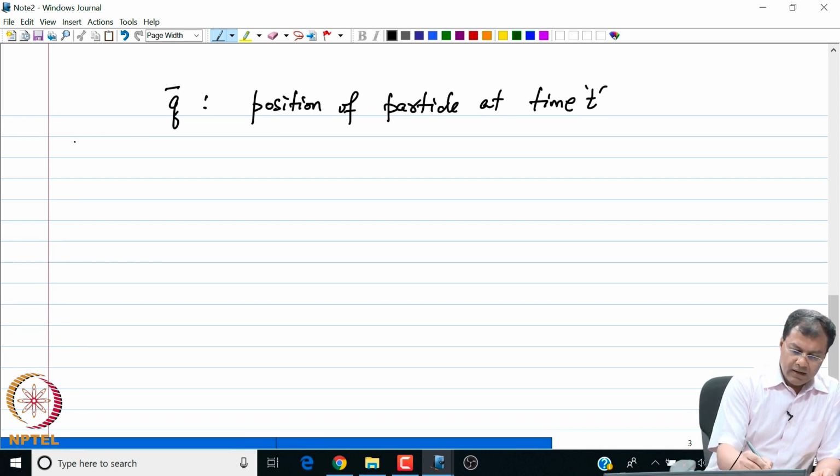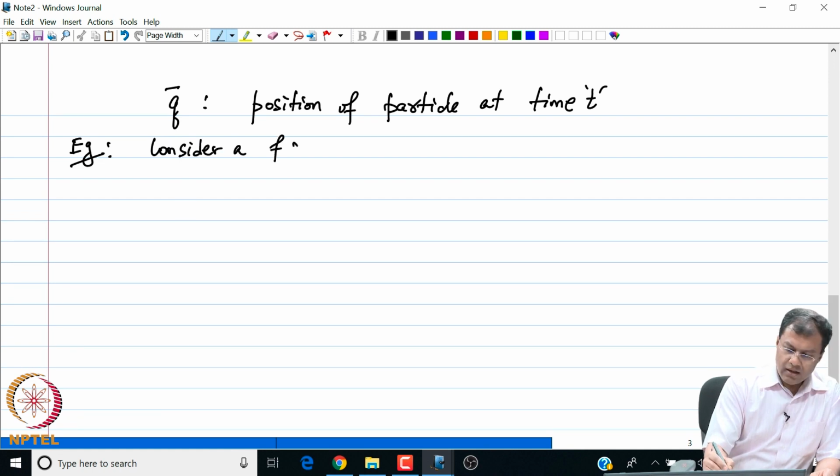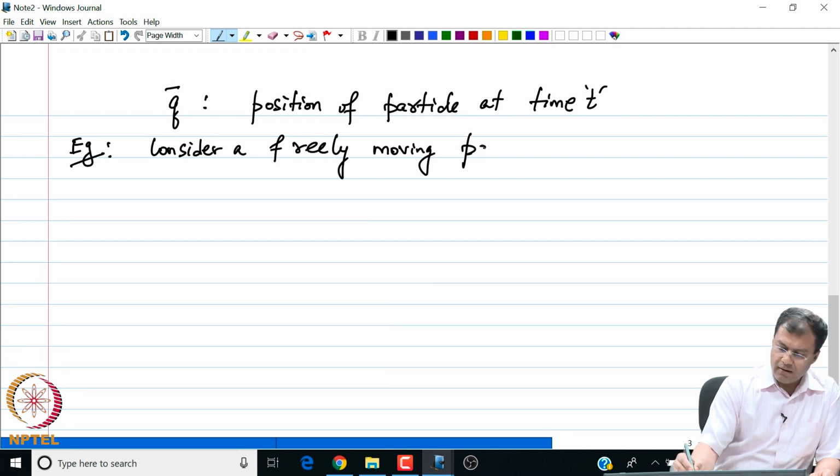So for example, consider a freely moving particle of mass m.